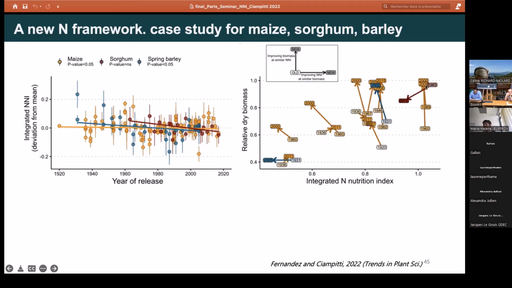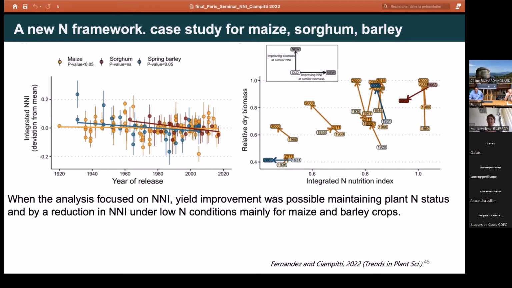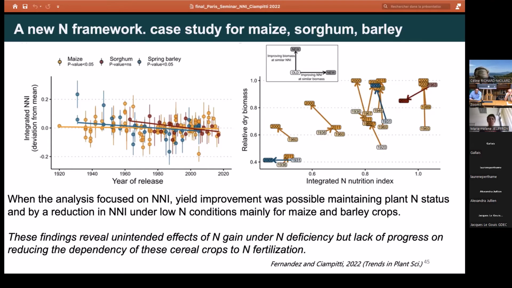If we look at sorghum, it's different, but sorghum has very low improvement, so it's one of the last in terms of progress. If we focus on this analysis, we are looking at yield improvement only being possible maintaining NNI and showing reductions of NNI under deficiency.